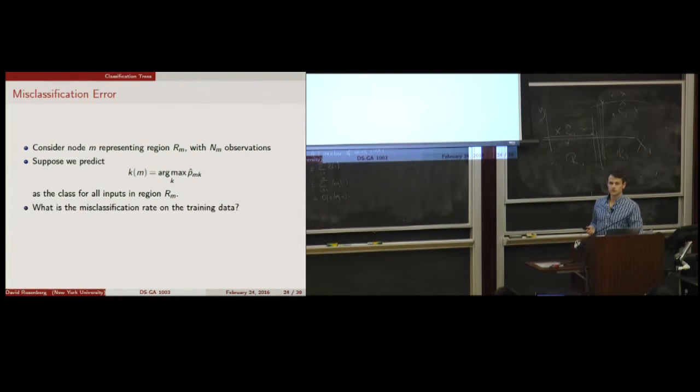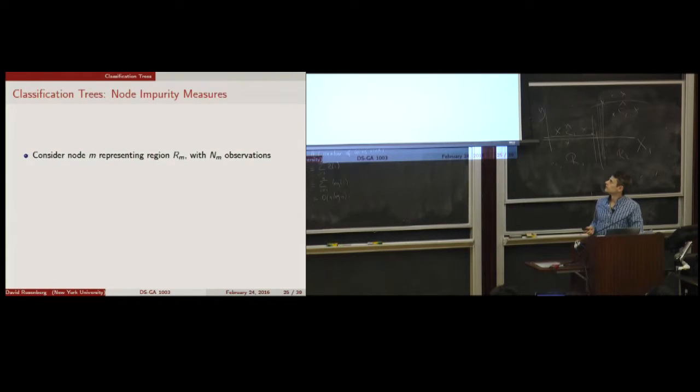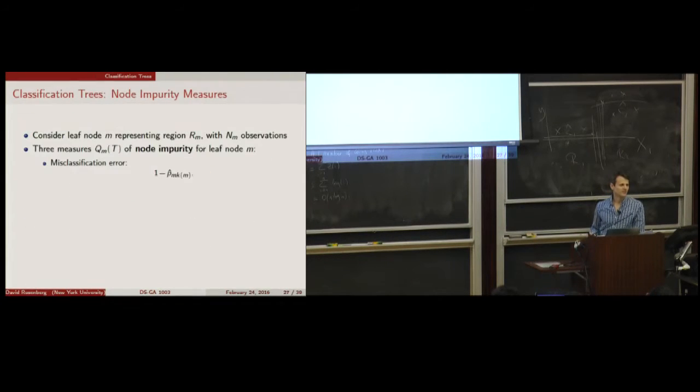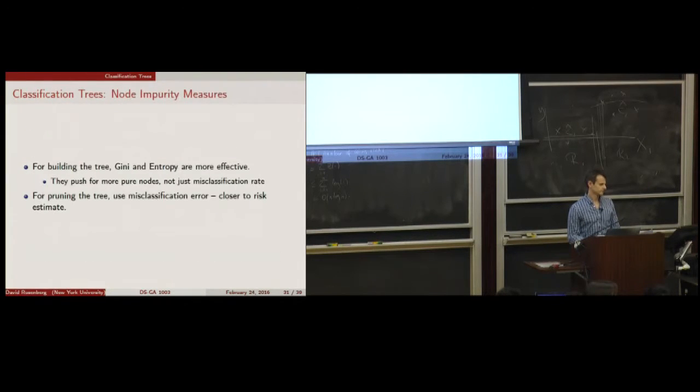Any more questions? Yes? The aim of tuning is to choose the tree that gives the best error on the test data, right? So why can't we do the same thing when building the tree? Like when doing each split, you can calculate the error on the test set. Well, okay, so the question is, can we decide our splits using the test data? If you think about it, that's basically training using your test data.